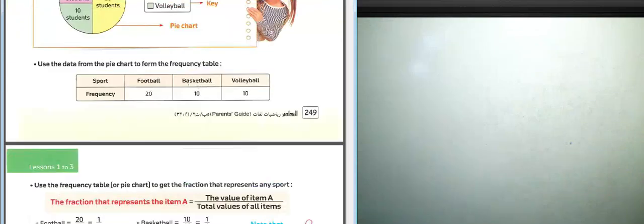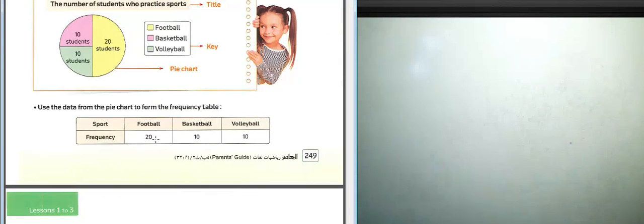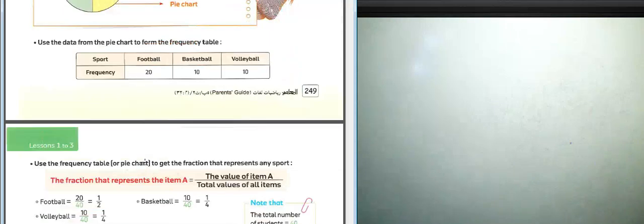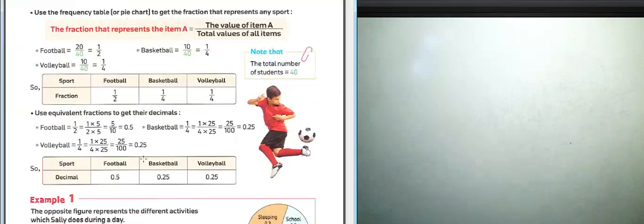Look at the table again. How many students like football? 20. From the total number of students, 40, 20/40 will be half. And basketball 10/40 will be 1/4. You know the total number of students is 40. Volleyball 10/40, the result will be 1/4.